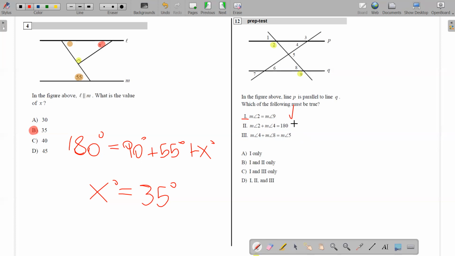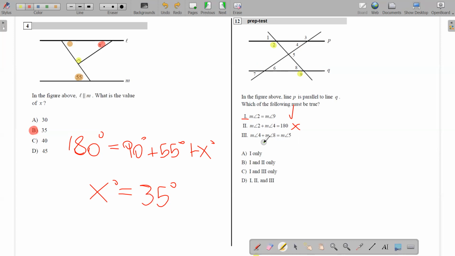This statement is false because two angles are supplementary when their sum is 180 degrees, but in this case, the two angles that will make 180 degrees are 2 and 8, or 4 and this one that we don't know, it doesn't have a number. So the measurement will be on the vertical corresponding angle, not horizontal like in this case. So this statement is false.